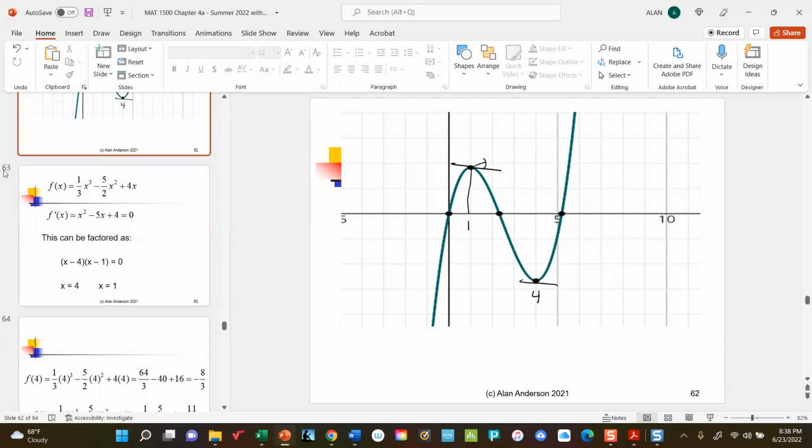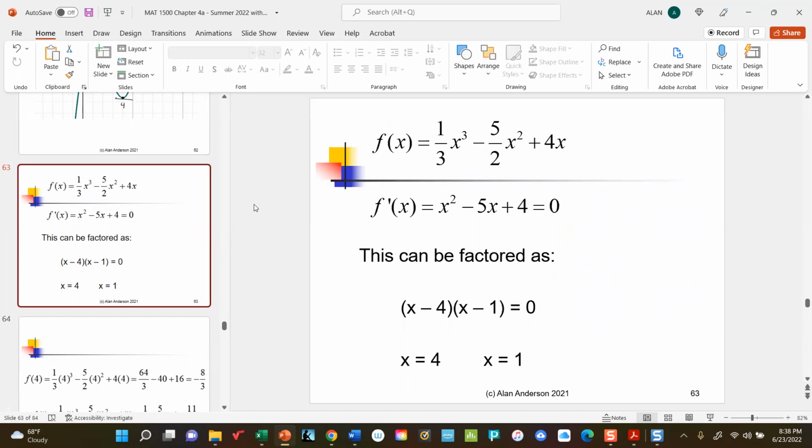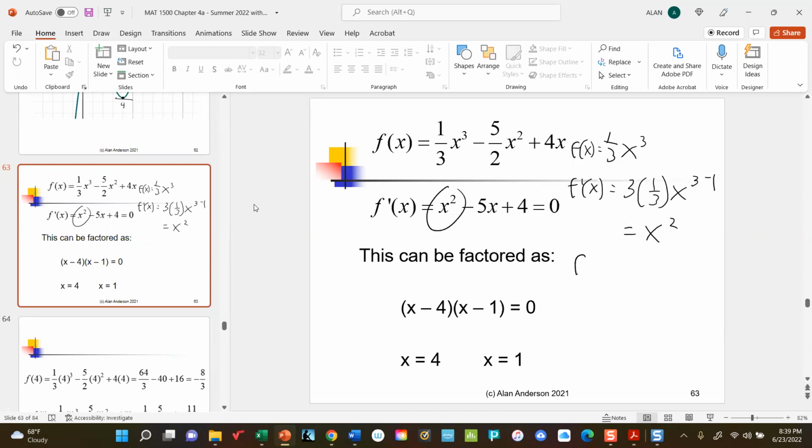All right, so where do we find them? First let's take the first derivative. Now, using the power rule, for 1/3 x cubed, f prime of x would be 3 times 1/3 x to the 3 minus 1.